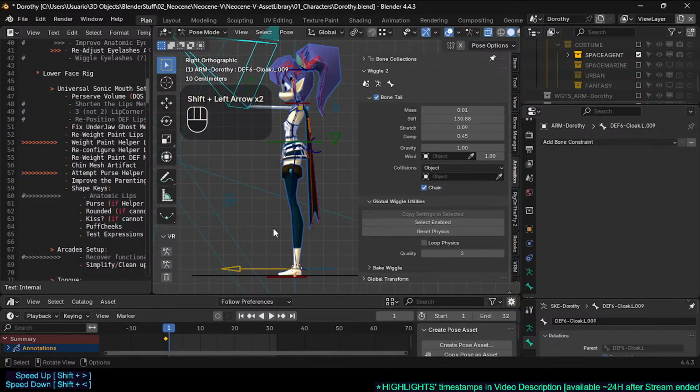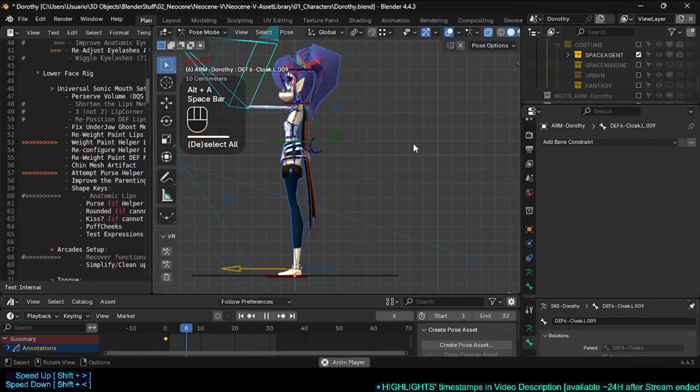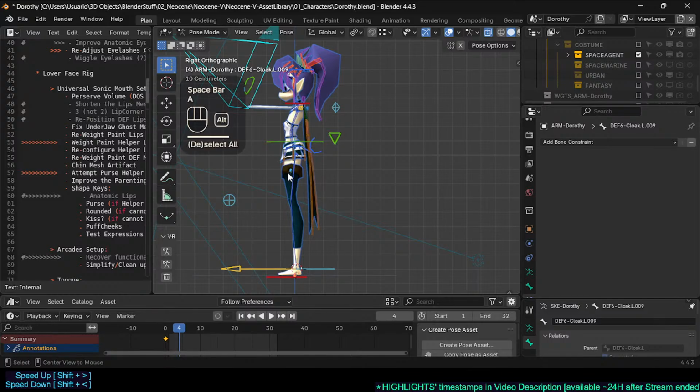Going back to frame 1, okay, reset all, reset physics, just to double check. Then let's play that, and you see the result is essentially the same. You see the cape cloak still floating a lot. There's just the going back, right? No looping physics here. So there's no big difference, it is essentially the same physics.